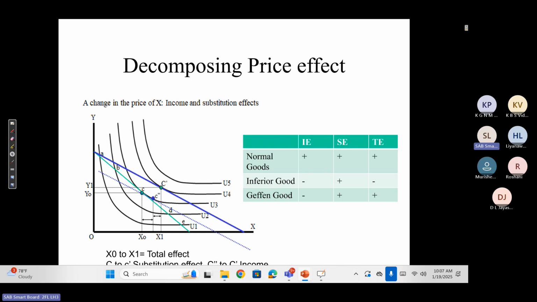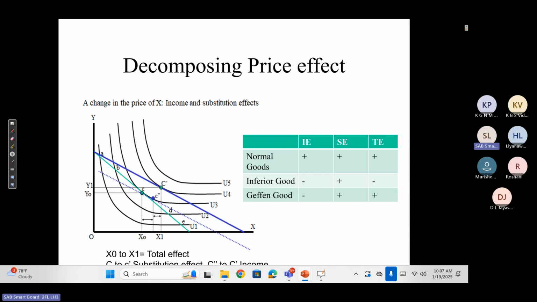Now where do we start? Our initial budget line is given by Q1, and the indifference curve is U3. Our initial equilibrium occurs at point, let's say, C, and the combination is Y0, X0.